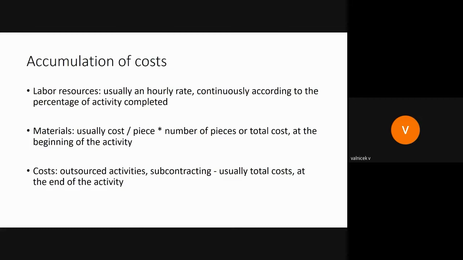You need to prove that you really paid them. On the other hand, you don't have to prove what you did with the indirect costs. There is 150,000 crowns, which is yours, and you should use them for indirect costs. And you don't have to prove how you use them.